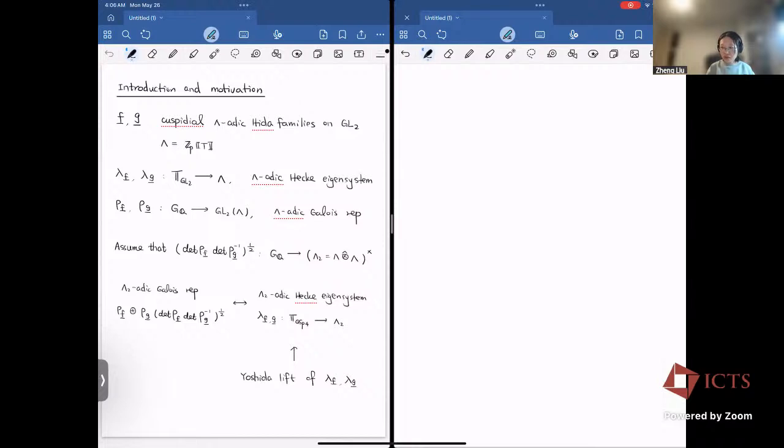And so we have this Hecke eigensystem. We can consider the congruence ideal associated to it.